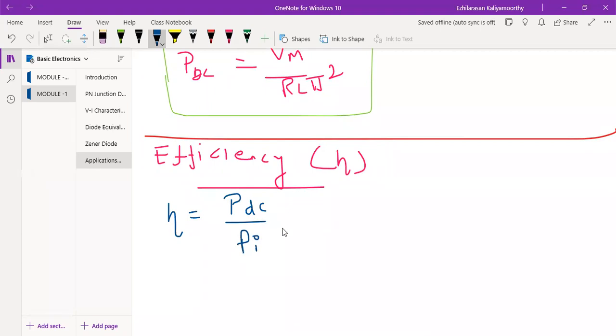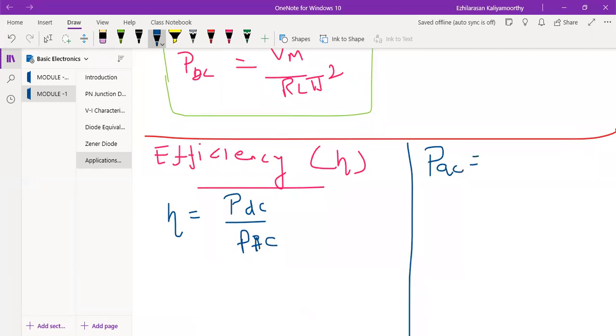The efficiency is nothing but the power delivered at the output divided by the input power. Because the input is PAC, it is PDC by PAC. So now we need to calculate what PAC is.